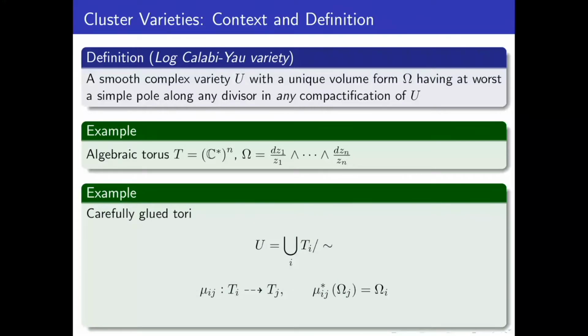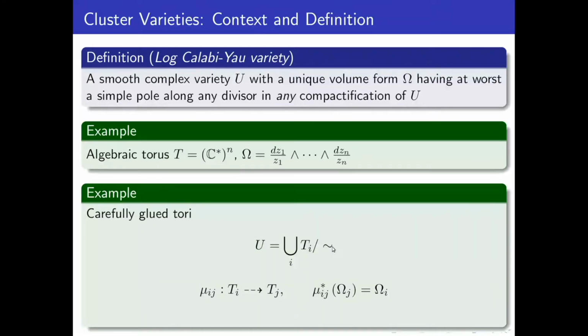The next example is essentially many copies of the first example. We could take a bunch of tori and glue them together in some careful way using birational maps, where what we'll require is that the canonical volume forms on each torus patch together to give us a global volume form.